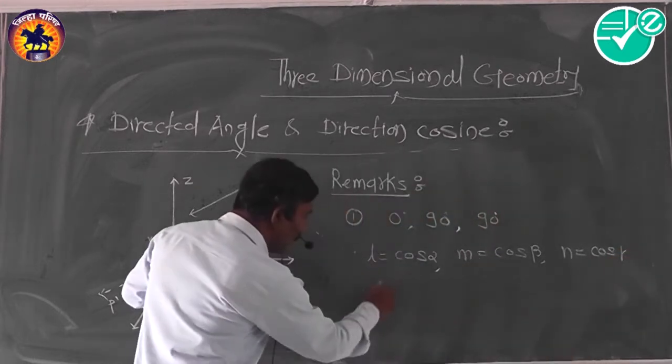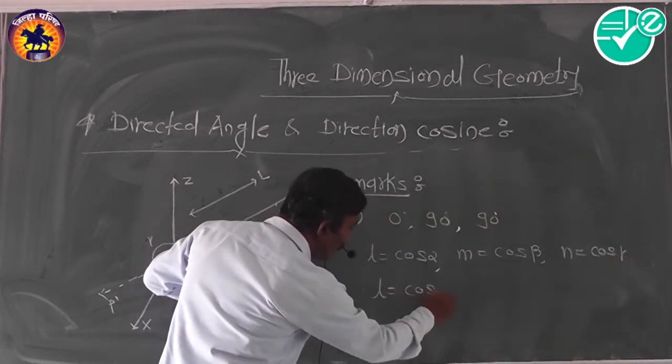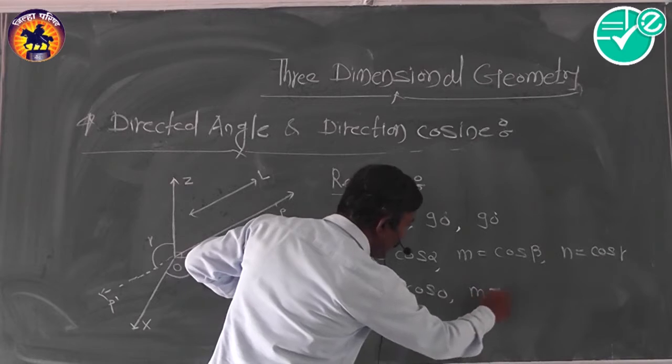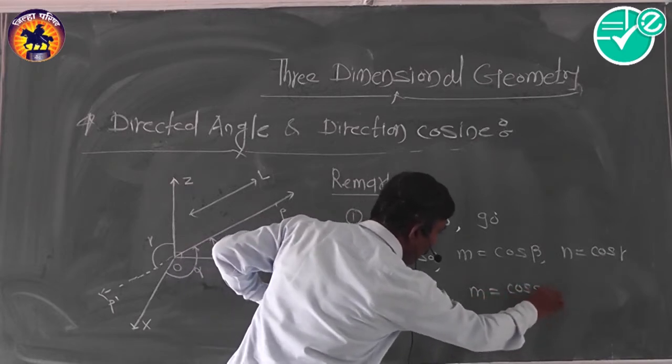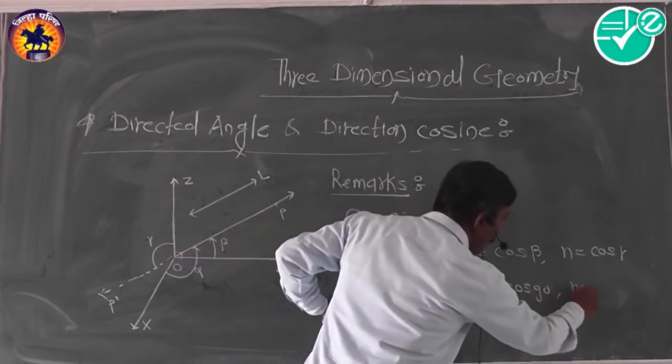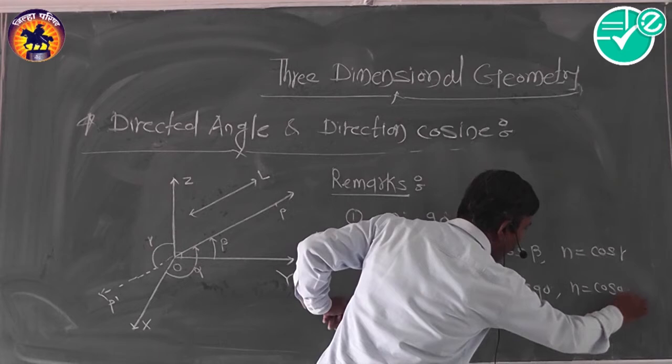Therefore l is equal to cos 0, m is equal to cos 90 and n is equal to cos 90.